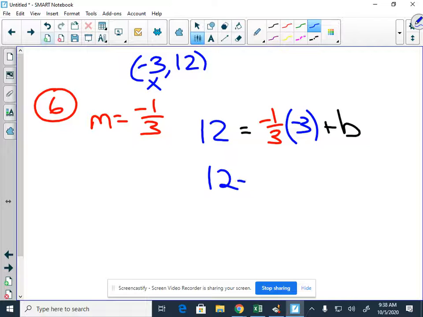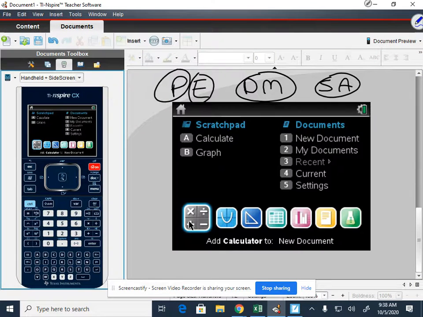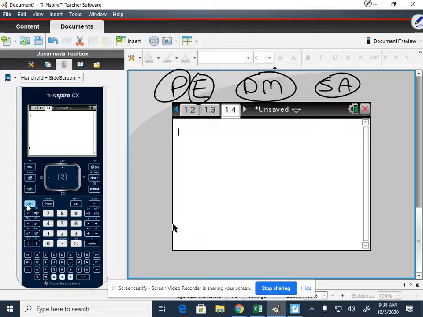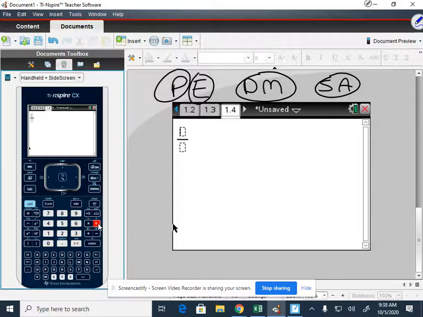So 12 equals. Now, if you need to, you grab your calculator to do this. The calculators that we have here are really nice, but you can do this with technology as well. If I go do a controlled divide, it gives me a fraction. I have negative 1/3. I'm going to multiply that by negative 3. It gets me 1.